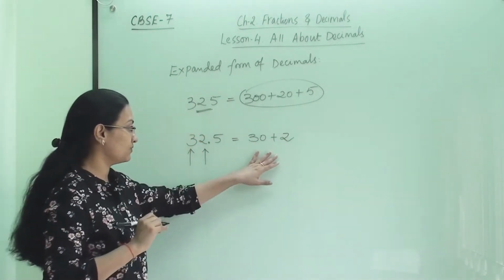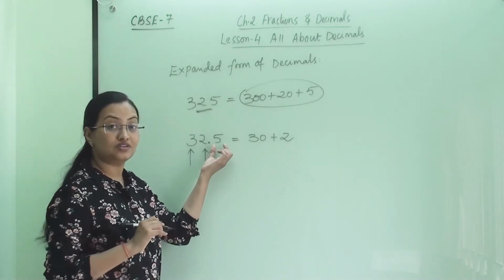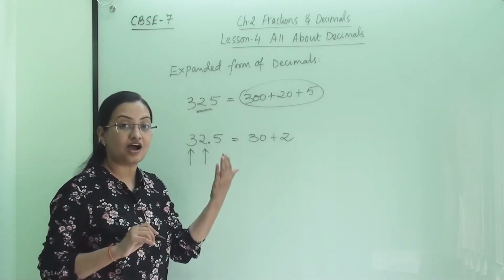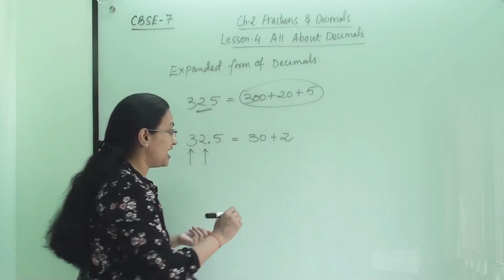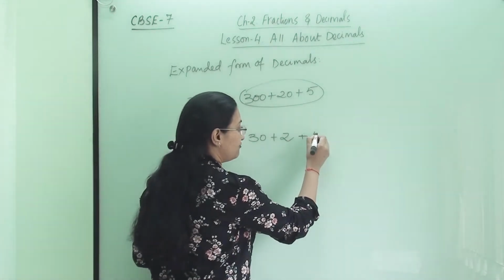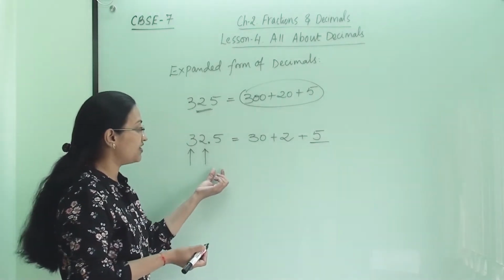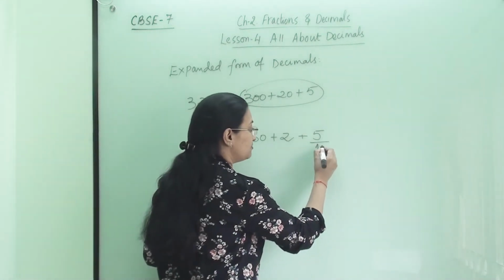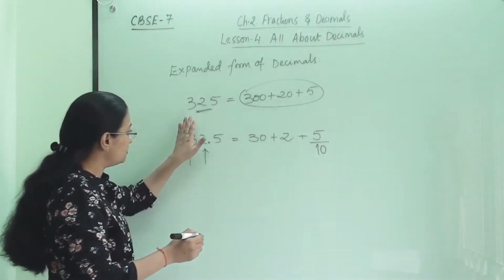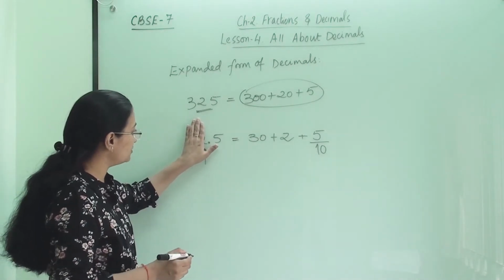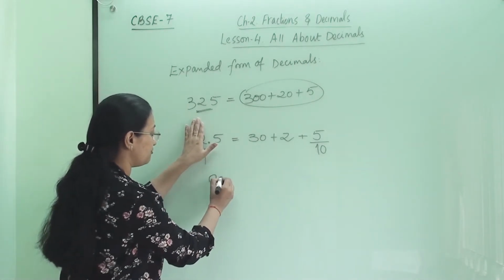This much we know. But what about the number which is after the decimal? That we will write as 5, and into the denominator we will write 10. If you ignore the other number, it is only 0.5.